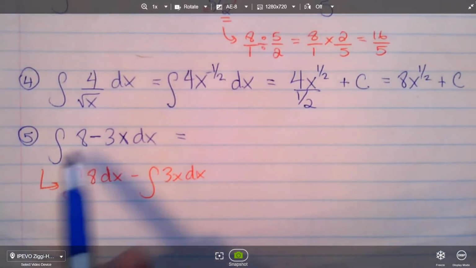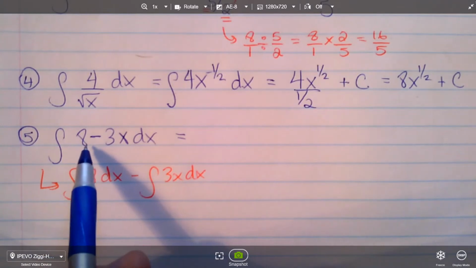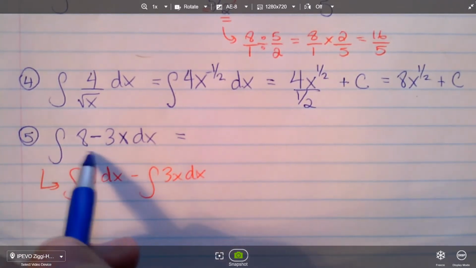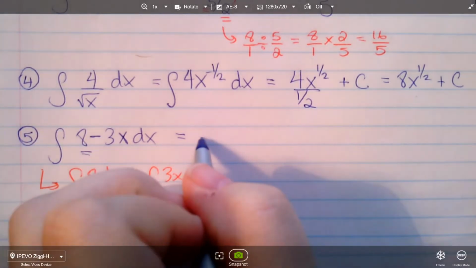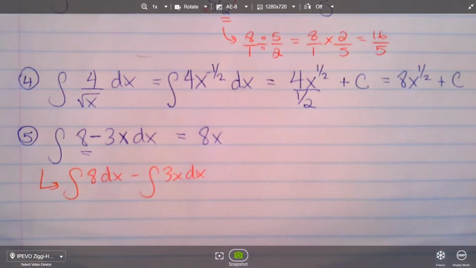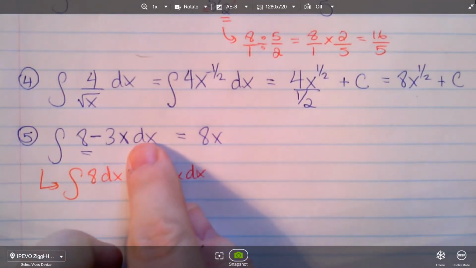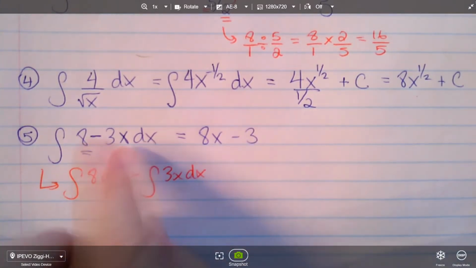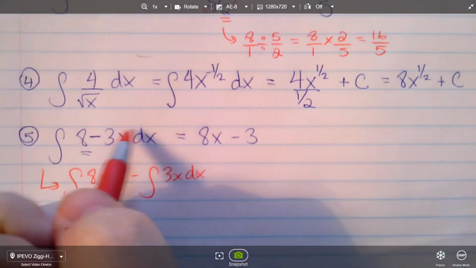So when I integrate 8, well, if you remember from the previous page, again, sometimes this is the one that people forget. If it's a number with no variable, when you integrate, you get 8x. Okay, so you just add on the letter that you're integrating with respect to. Minus 3, this is a power rule. Even though you don't see a power, there is one, right?